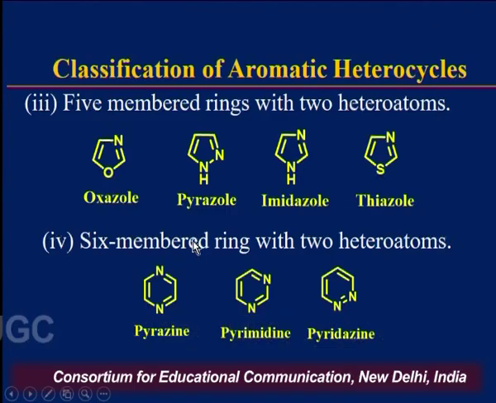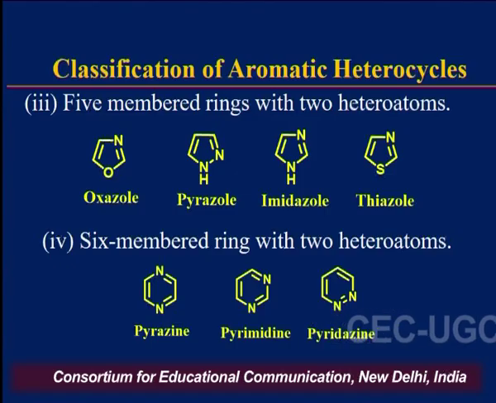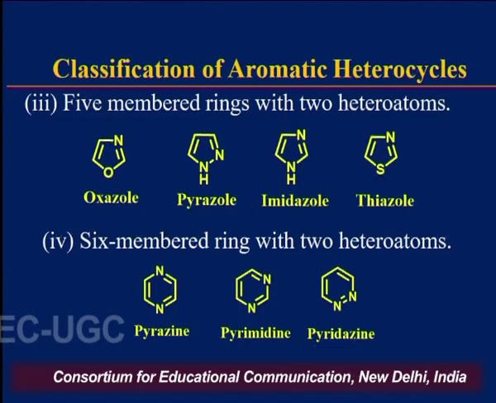The fourth category in this class of aromatic heterocyclic compounds is when the ring size is 6-member and it has 2 heteroatoms. In this case you will see 3 examples where the 6-member ring has 2 nitrogens, but they differ in their position.